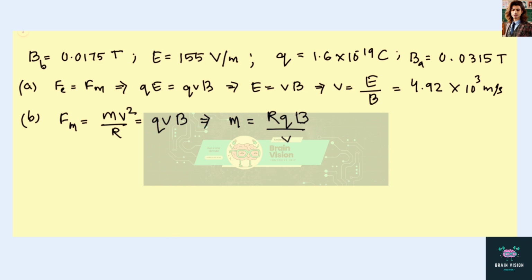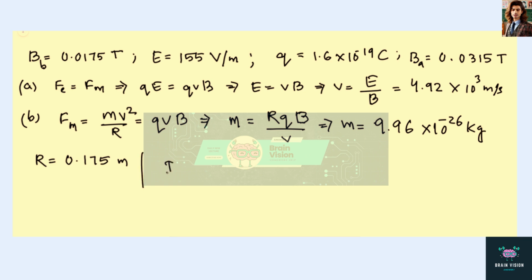So we calculate this and we find the mass to be, so the value of R is 0.175 meter, and we use that in this equation and we find the value of mass to be 9.96 times 10 to the power minus 26 kgs.